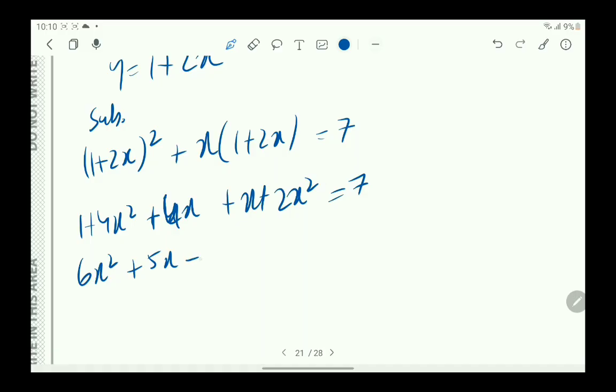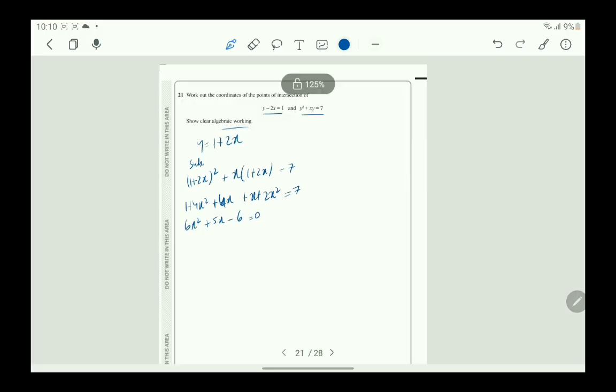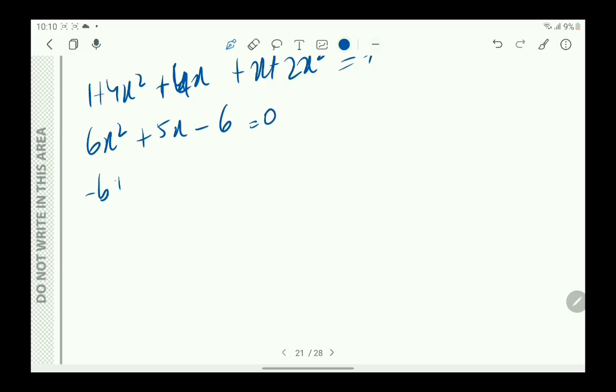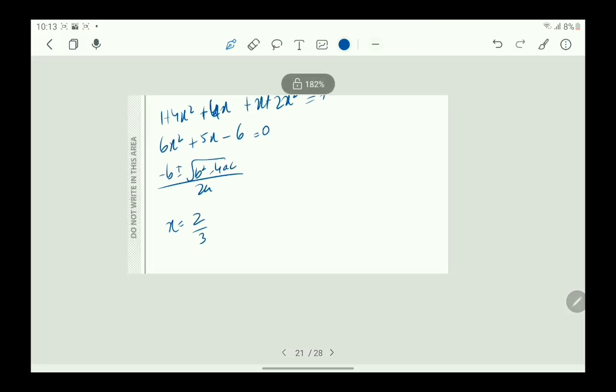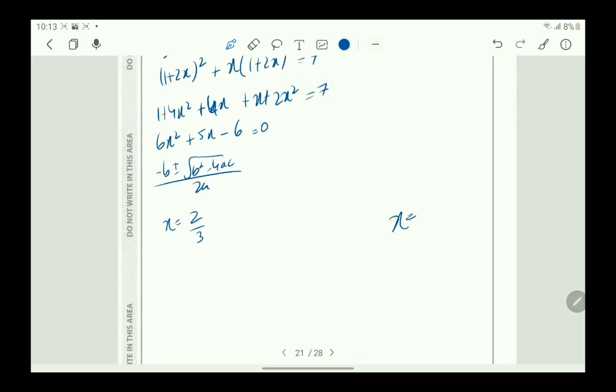Minus 7 plus 1 is minus 6 equals 0. Solving this quadratic with the quadratic formula, you need to show sufficient workings. I am solving this on a calculator. So the solutions for x are 2 by 3 and x equals minus 3 by 2.